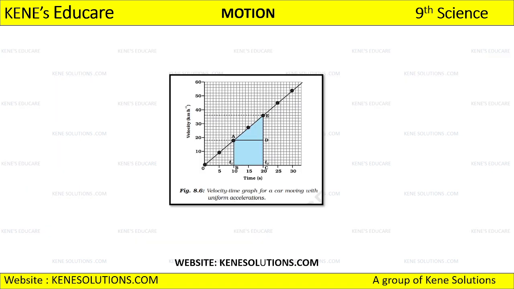So here we have the graph showing how exactly the velocity time graph for a car moving with uniform acceleration will look. Okay.